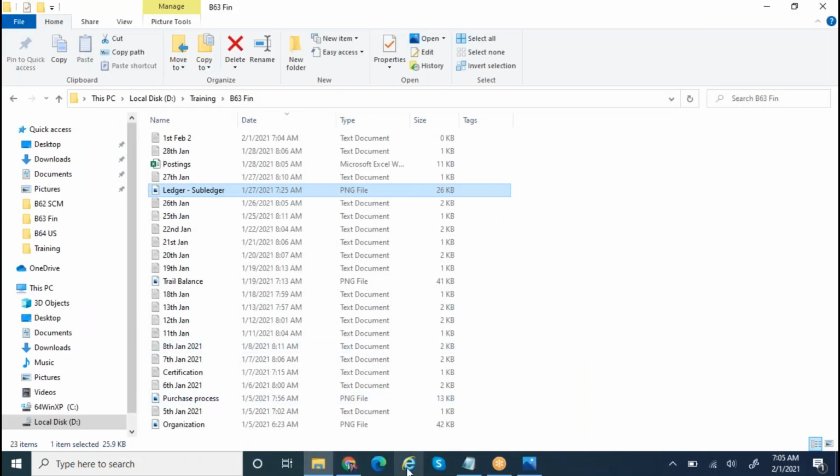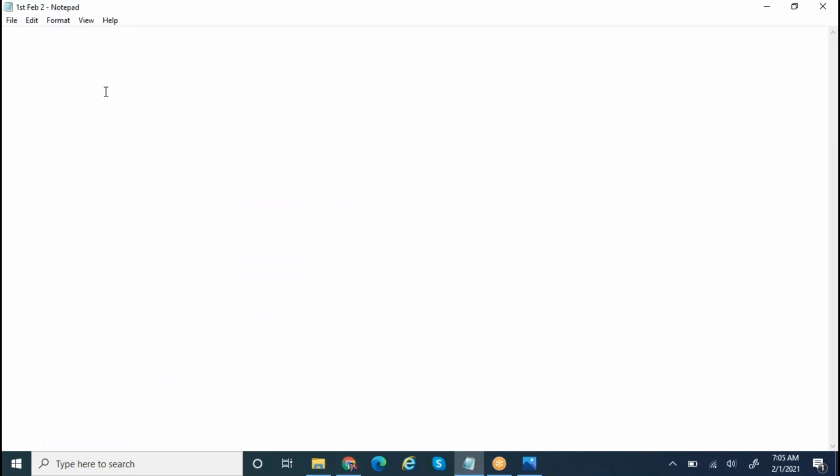Now, let me open Notepad. Whenever you are posting a customer account, like a customer invoice, that is a sales order invoice, customer account data to revenue account credit, and cost of goods sold account data to inventory issue account credit.